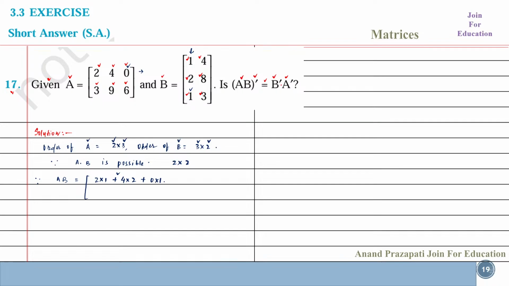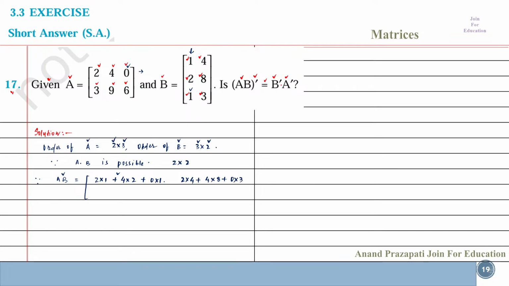This is the first element of the first row of AB. The second element of the first row will be 2 multiplied by 4, 4 multiplied by 8 and 0 multiplied by 3. Therefore here we get 2 into 4 plus 4 into 8 plus 0 into 3.